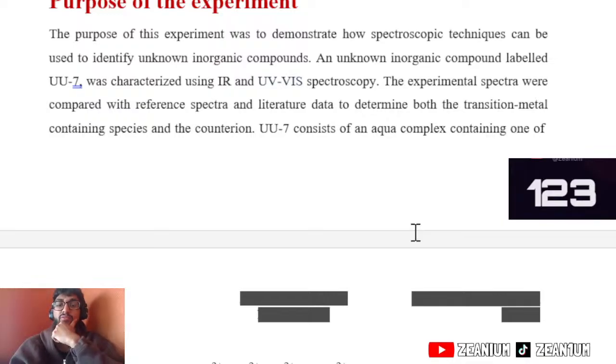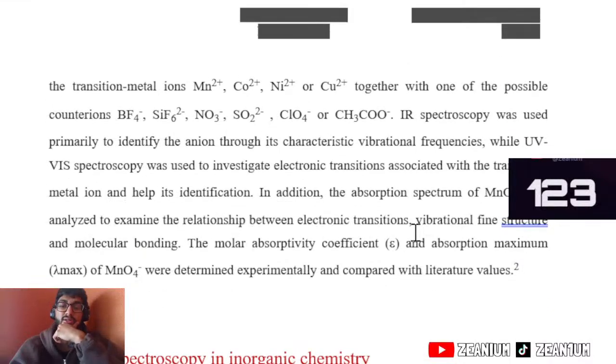U7 consists of an aqua complex containing one of the transition metal ions, manganese, cobalt, nickel, or copper, together with one of the possible counter ions. IR spectroscopy was used primarily to identify the anion through its characteristic vibrational frequencies, while UV spectroscopy was used to investigate electronic transitions associated with the transition metal ion and help its identification.